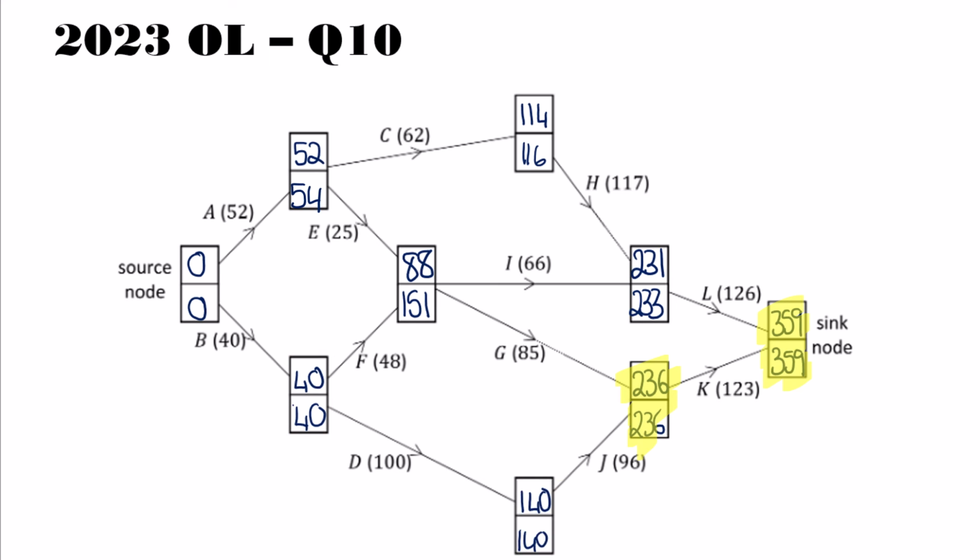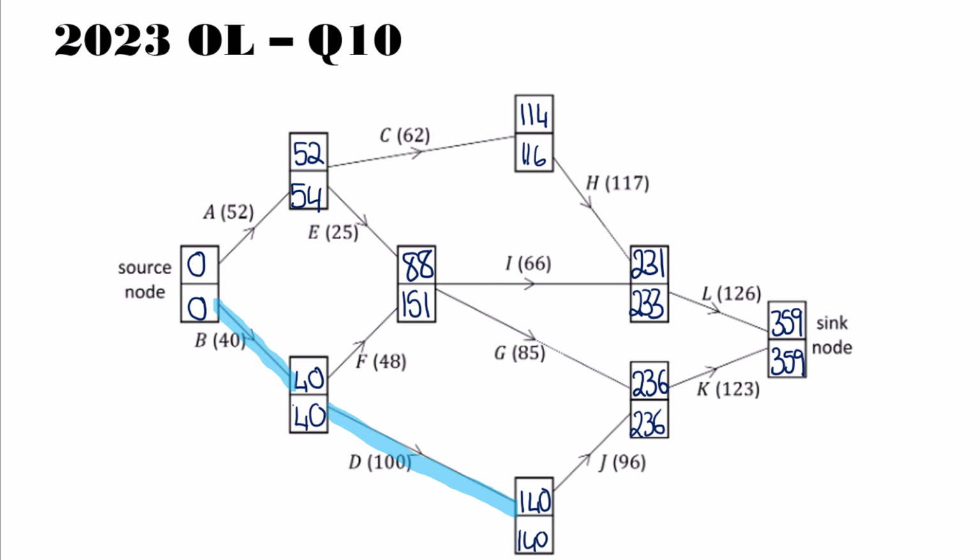So we are going to keep looking at those particular nodes to help us, but for the edges, we're looking at this one here. How we know this is critical is that it starts at time 0, it takes 40, and the latest time it can be is 40. So that all is giving us a critical activity there. Then for D, it starts at 40, goes on for 100, ends at 140, so that's critical.